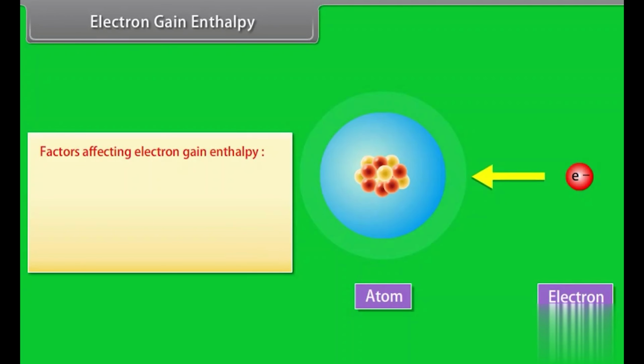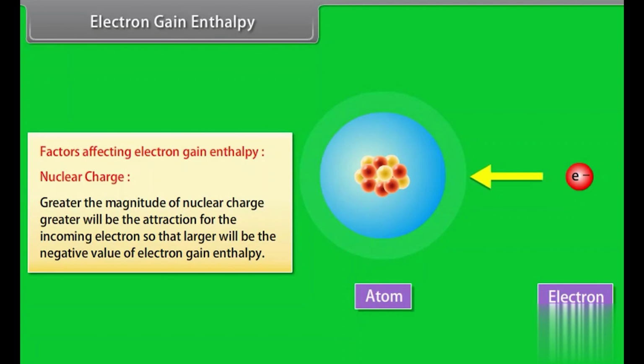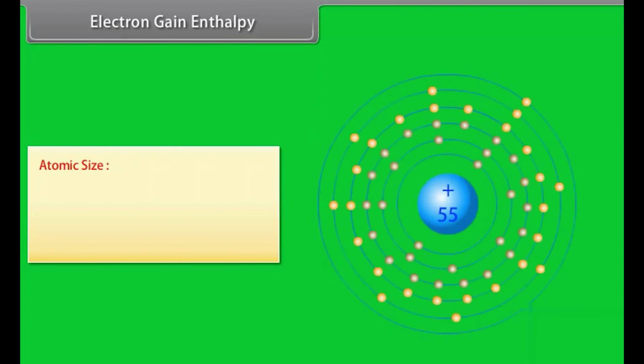Factors affecting electron gain enthalpy. Nuclear charge. Greater the magnitude of nuclear charge, greater will be attraction for the incoming electron, so that larger will be the negative value of electron gain enthalpy. Atomic size.